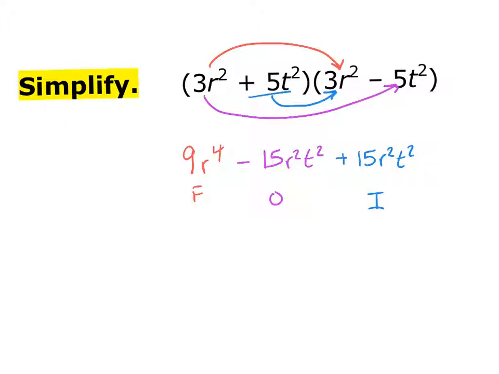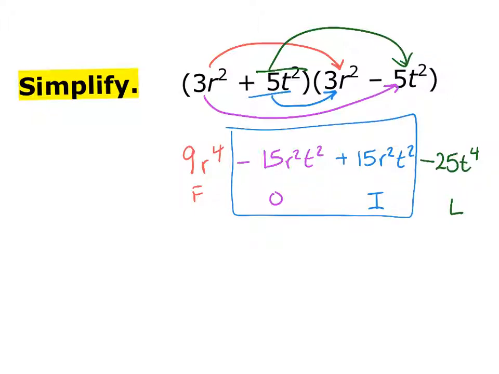That way you recognize that the middle terms are going to cancel out. And then the last term is positive 5t times negative 5t, which is negative 25t to the 4th. You're left with just 9r to the 4th minus 25t to the 4th.